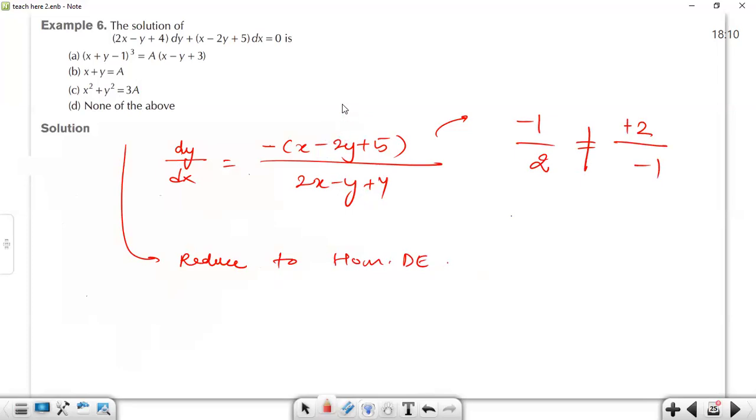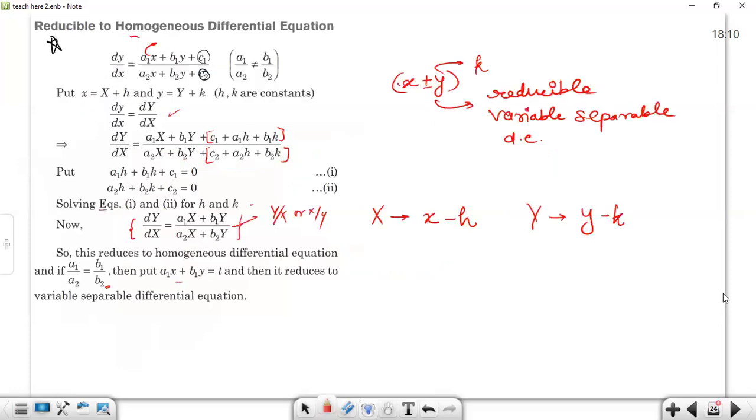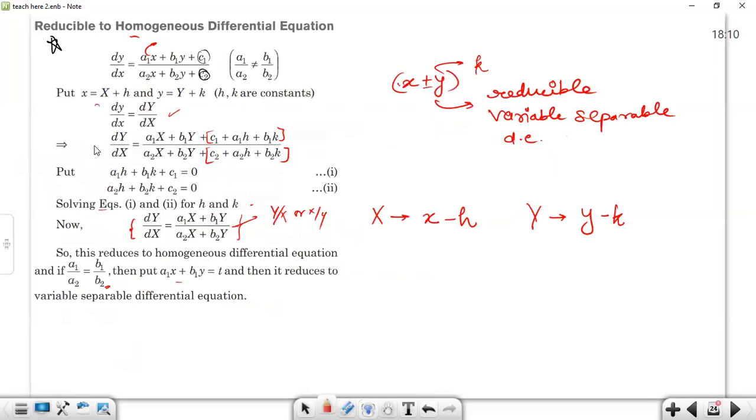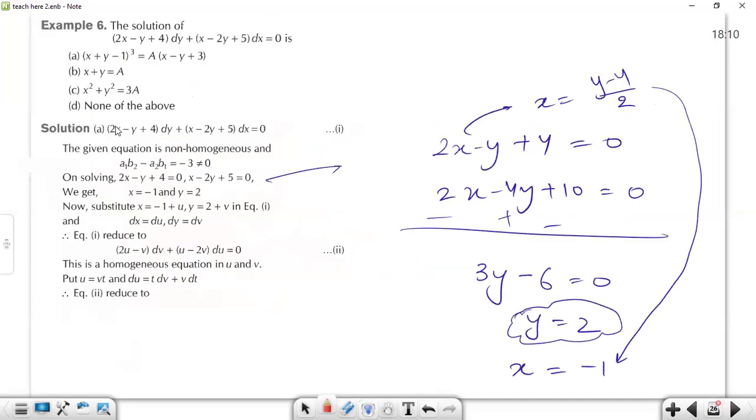We know that when we put x plus h and so on, there's a simple trick. If you don't want to write these many steps, simply equate this to 0 and this to 0, like in the example solution, and find the values of x and y.